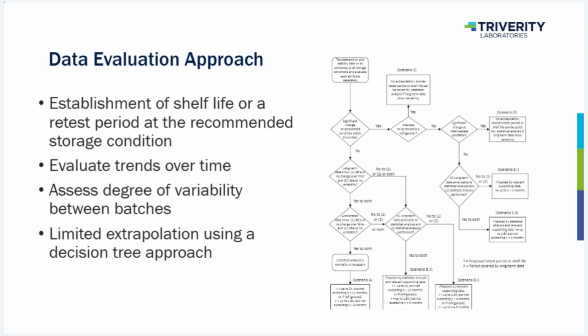If you say yes to both, then we ask the same question of accelerated stability: little or no change and little or no variability. If that's the case, then you can extrapolate, and if you have to present 12 months of stability in your application, you can get 2 times that, so 24 months shelf life based on your 12 months of data. So if there's little or no change, little or no variability, you can get double your shelf life of what long-term stability you already have generated.